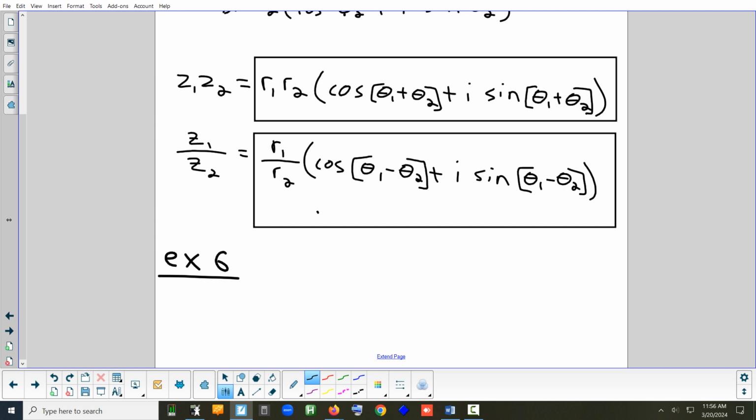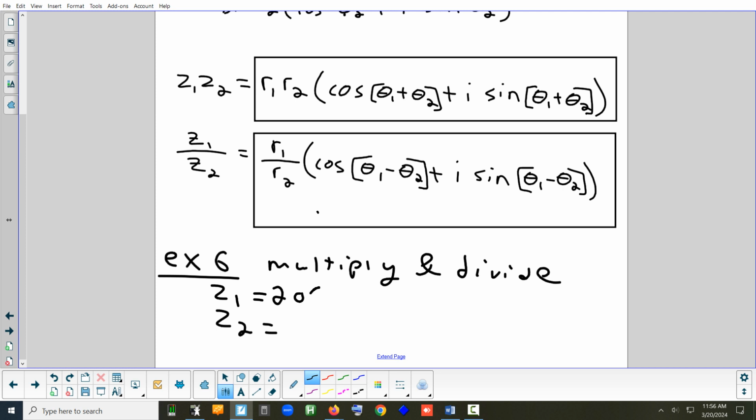Okay, so let's multiply and divide. I'm going to make up two numbers. Let's pick a radius for Z1. I'd like a number that's even. 20? Okay, that's it.